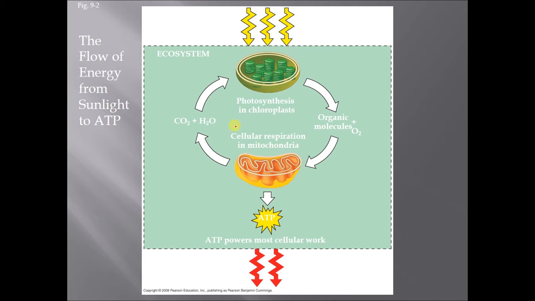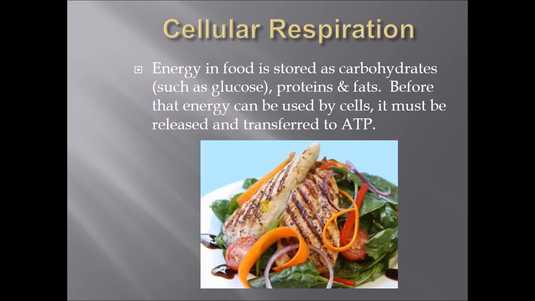If we think about what we're focusing on, cellular respiration happens in the mitochondria. We take organic molecules and oxygen and turn them into ATP energy for the cell to use. Energy in food is stored as carbohydrates, proteins, and fats, so our macros.